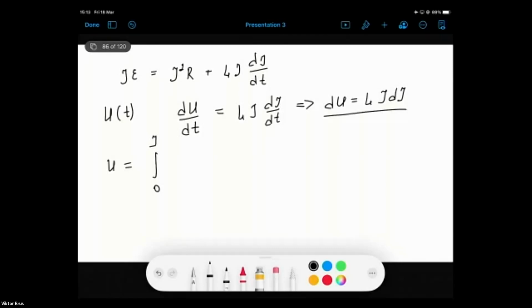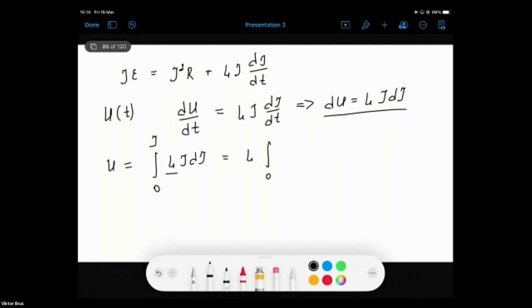Integral from 0 to I, L times I times dI. Obviously, inductance is a constant parameter. It does not depend on current. It's determined by geometric features of current distribution, as we know. So we can take it out from the integral.